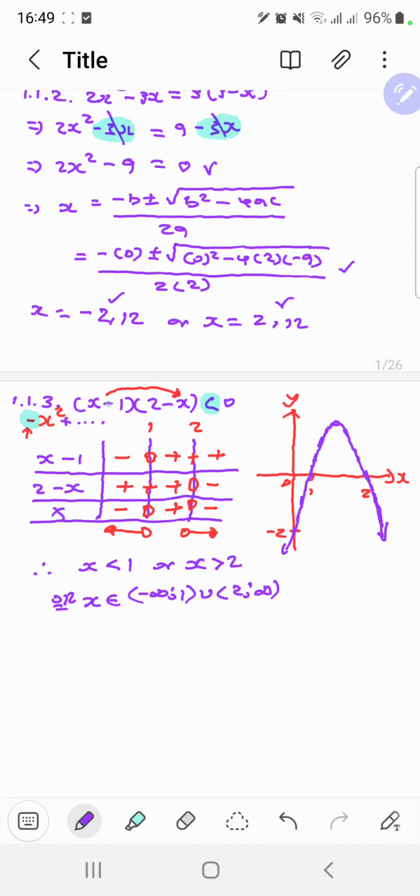You already have your critical values there, so don't sweat. Now you ask yourself, when is this graph less than 0? Meaning, when is the graph appearing below the x-axis? You can see from this value right here and that value right there, and they are not included going that way and going that way.